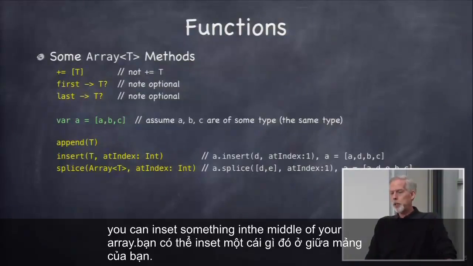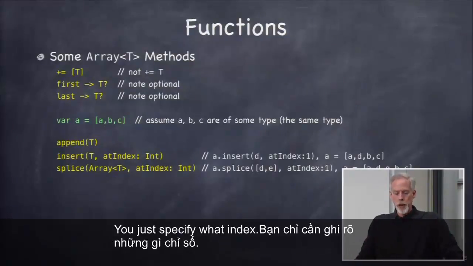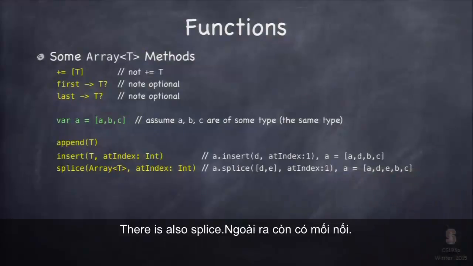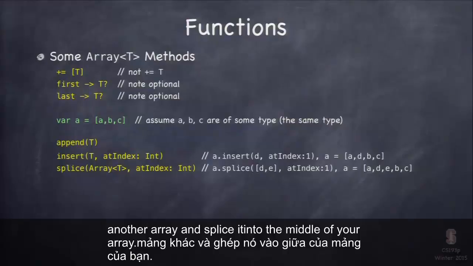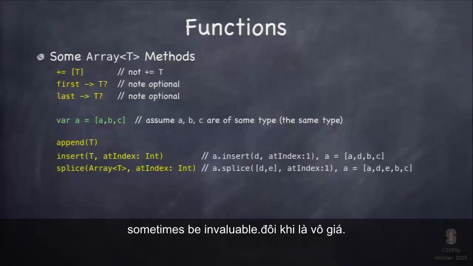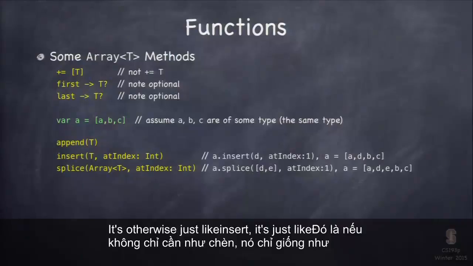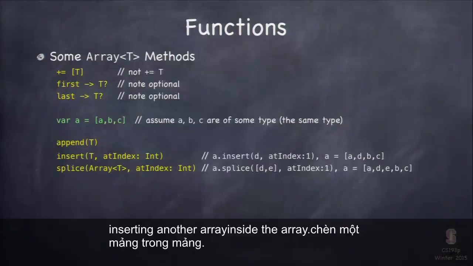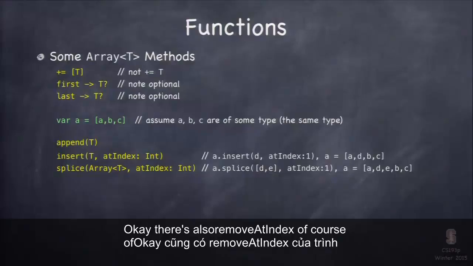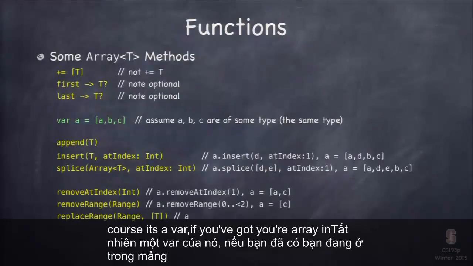There's also insert, so you can insert something in the middle of your array. You just specify what index. There's also splice. Okay, splice will take another array and splice it into the middle of your array. Okay, so that can sometimes be valuable. It's otherwise just like insert. It's just like inserting another array inside the array. Okay. There's also remove at index, of course, if it's a var.